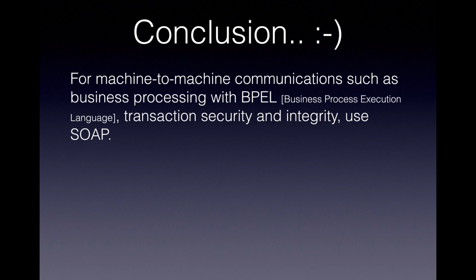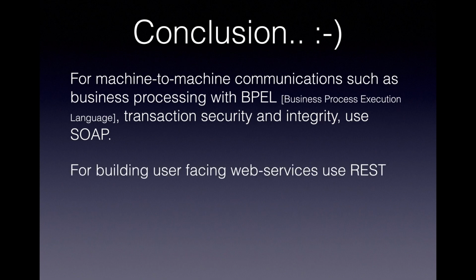Now, to draw a conclusion from all the points that we discussed above: if you are going to be using your web services for business processing machine to machine and XML is your preferable format, then maybe SOAP is the best way to go. But if you are going to be exposing your web service to the outside world and you need the flexibility of caching, using different data formats, HTTP verb binding and such features, then REST is the way to go.